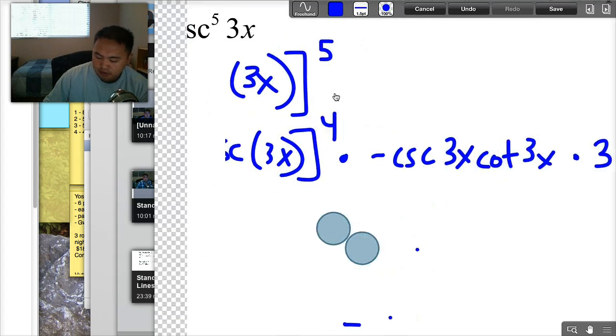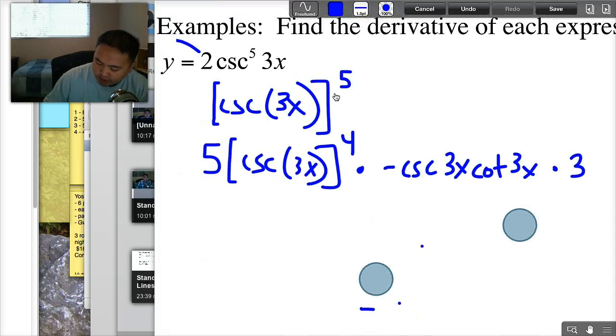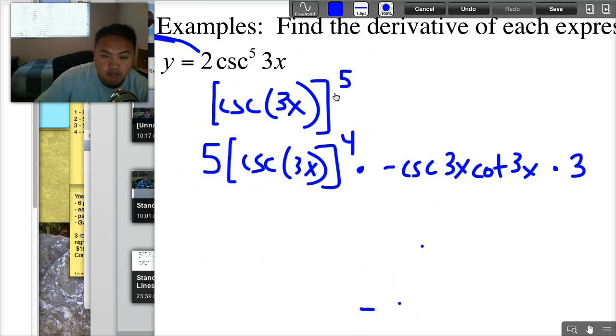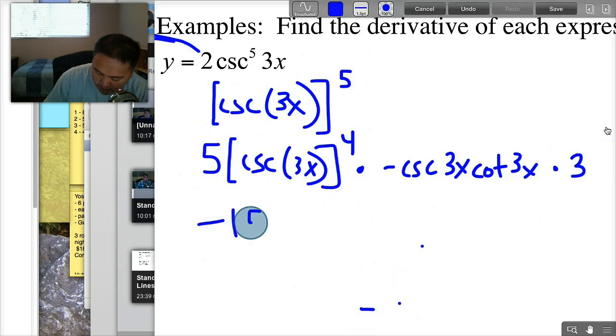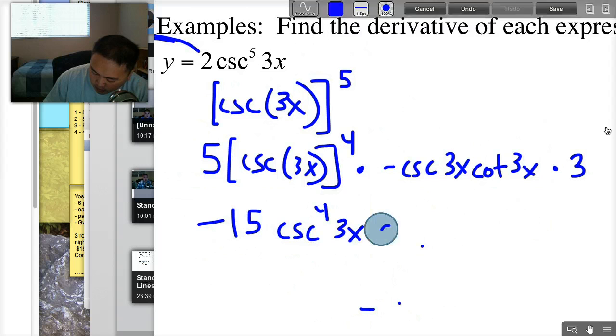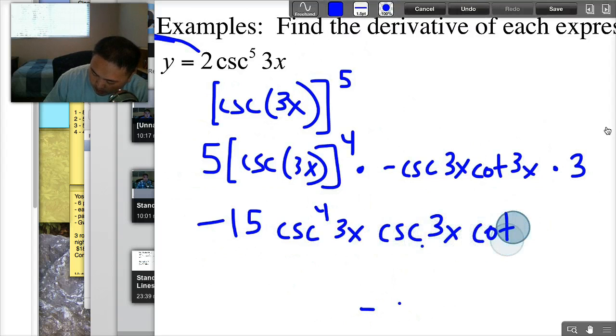So now I have everything sort of finished, so I'm going to combine everything. You may notice that I have a negative, and I have a 3, and I have a 5. All the coefficients, I have a 5. I've got a negative 1. I've got a 3. So I'll multiply all those out. It becomes negative 15 cosecant to the 4th power of 3x, cosecant 3x cotangent 3x.